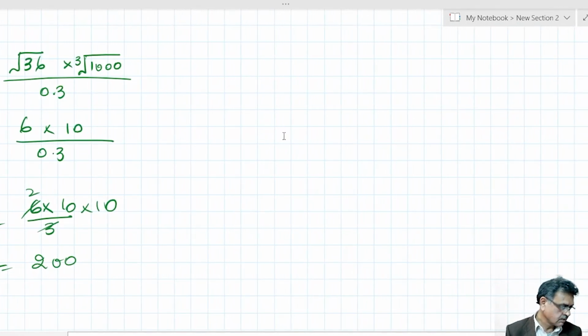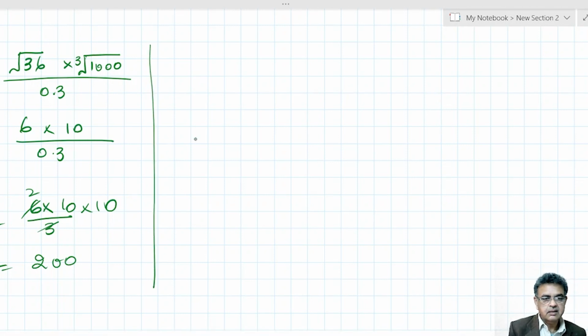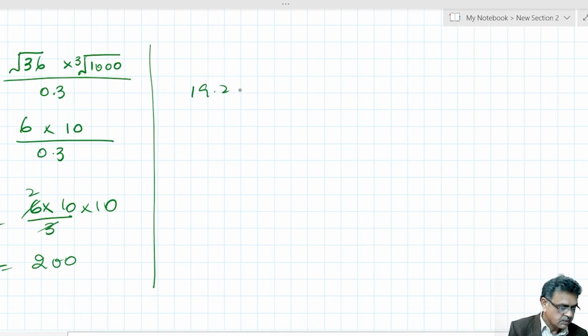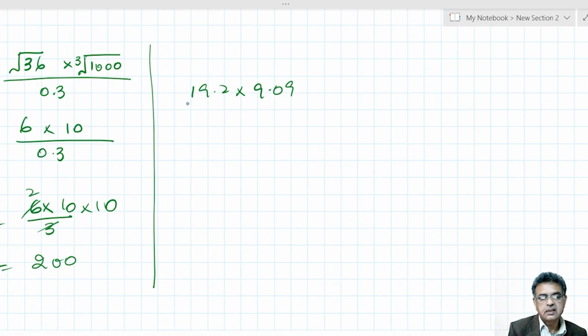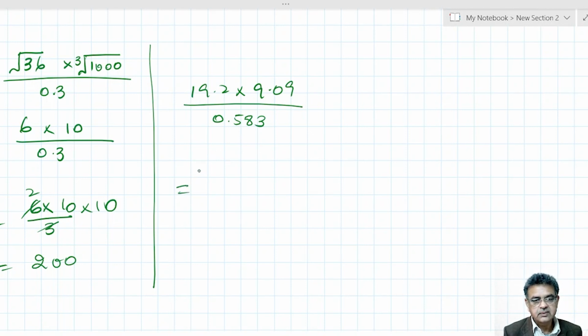Now there is another one. This is 19.2 multiplied by 9.09, divided by 0.583. So what we can do is write this value as 19 multiplied by 9 over, if I write it as 58, the decimal is moved 2 places, so it will be multiplied by 100.